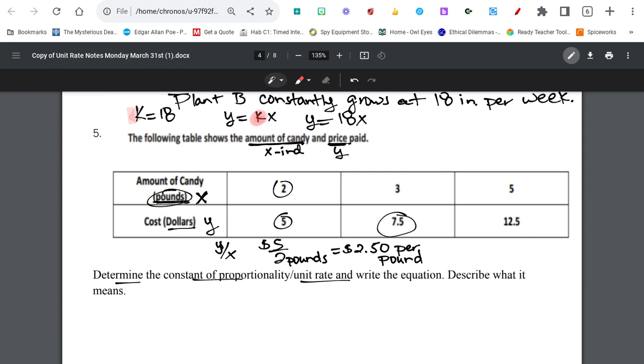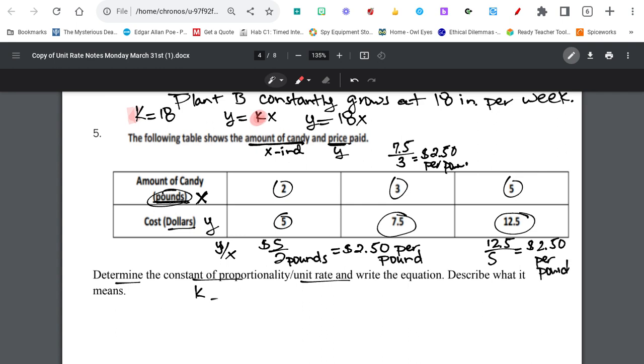Now, if you take the second y, which is 7.50, and divide it by the second x, you're still going to get $2.50 per pound. If you take the third y, which is $12.50, and divide it by 5 pounds, you still get $2.50 per pound. So it is proportional.